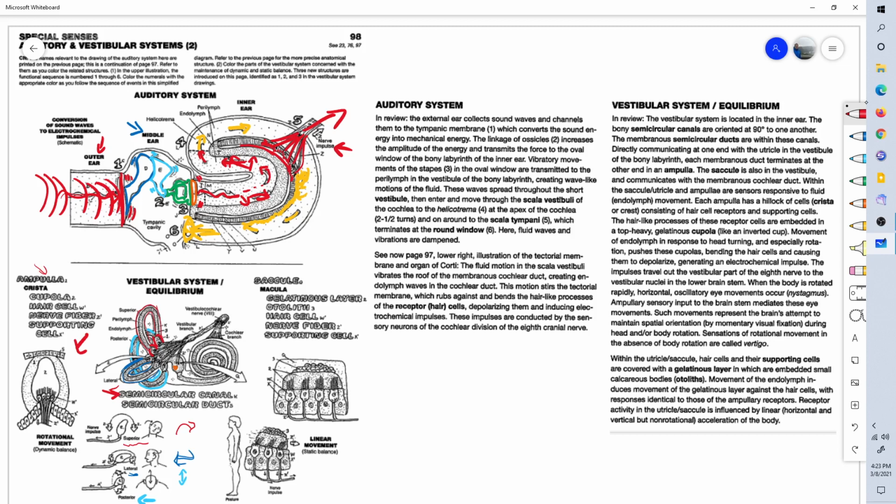Cupola is like a cup, an upside down cup right here. And it's filled with a gel, not as watery a substance, but a gelatinous cupola.